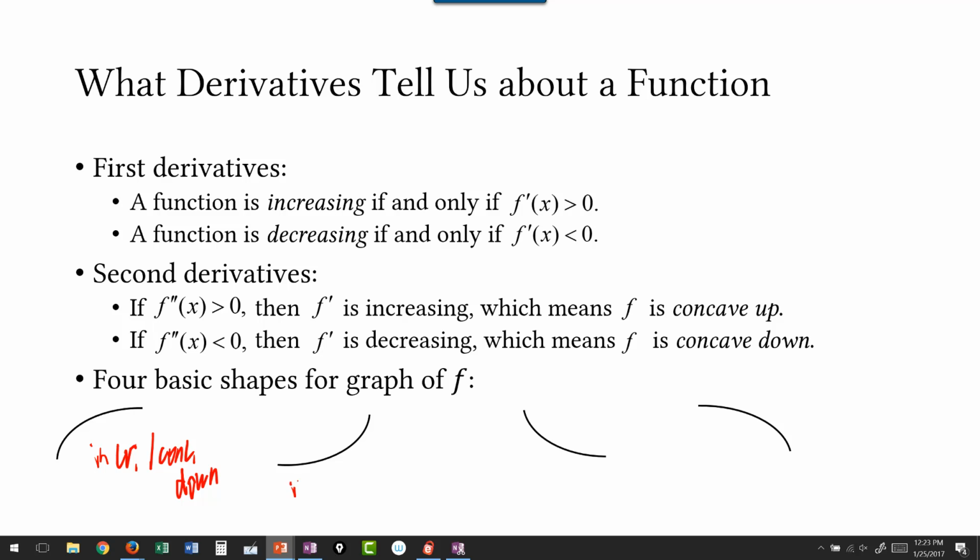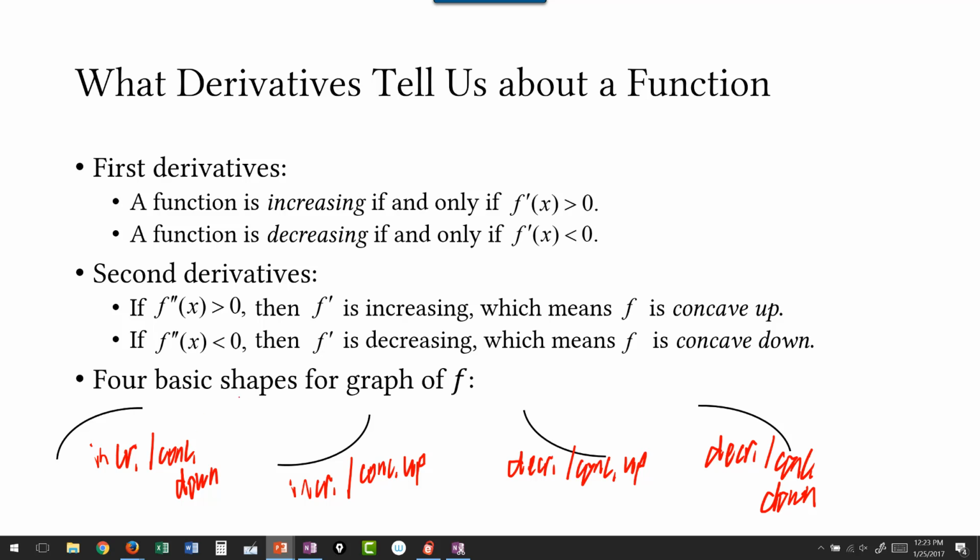The second one is increasing but concave up. The third shape is decreasing but concave up. And the final shape is decreasing but concave down. We sometimes think of concave up as a shape that would hold water and concave down as a shape that would not.